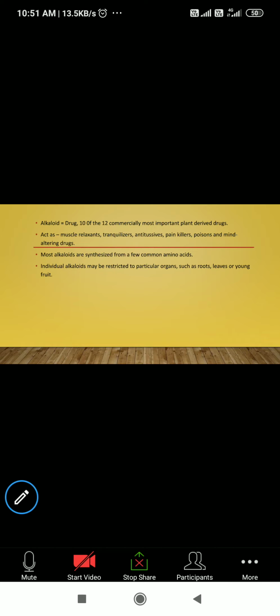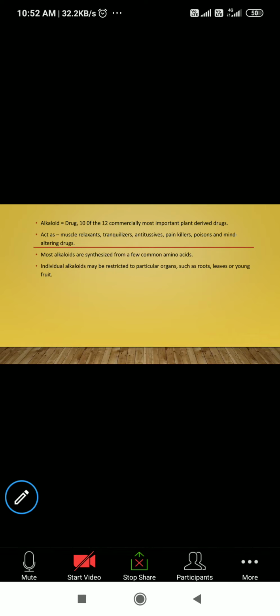These alkaloids are able to respond in humans and interfere with neurotransmitters. If we consume a higher concentration of alkaloids, they are toxic. But if we use smaller doses or a smaller quantity in day-to-day life, then they act as therapeutics.